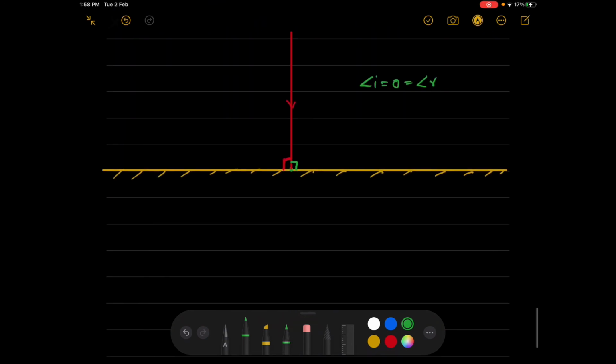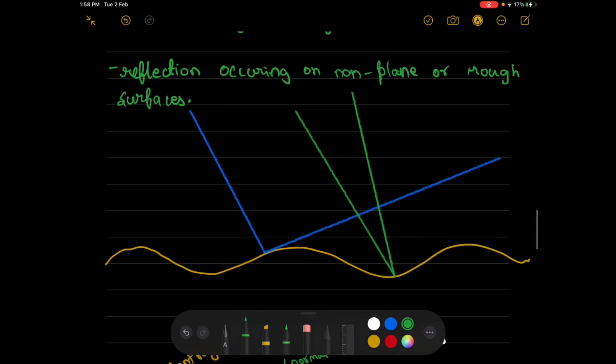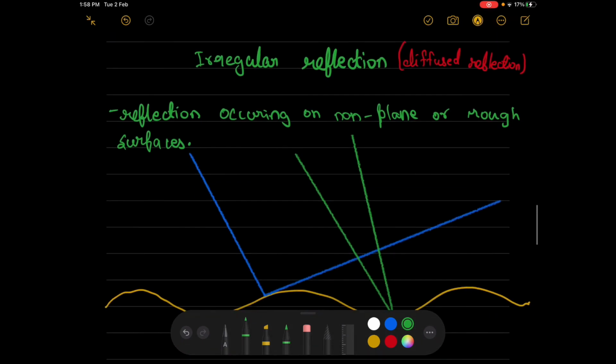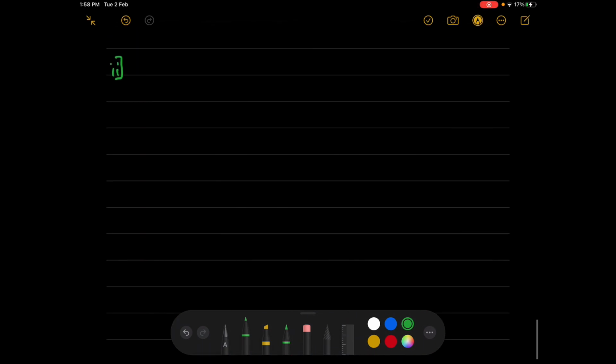Okay, now the second note, which is also somewhat related to this one, the diffused reflection. I'll come back to diffuse reflection after we see this note.